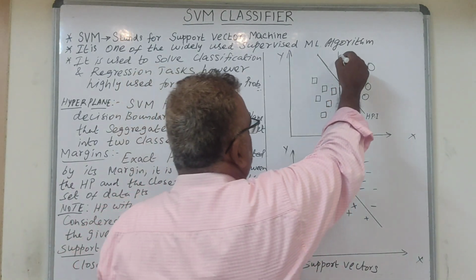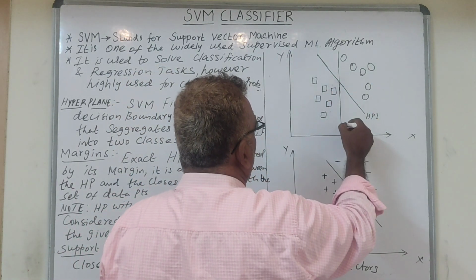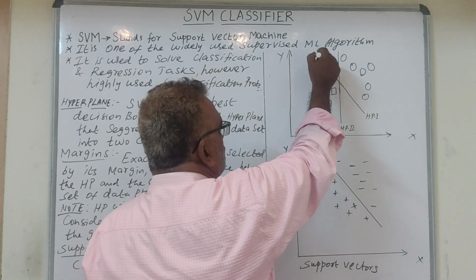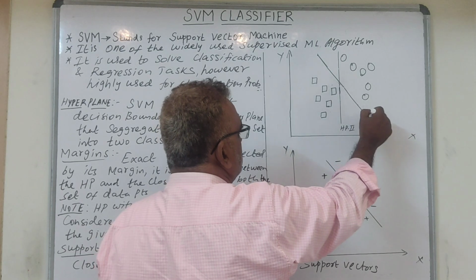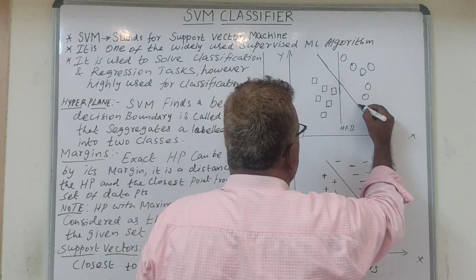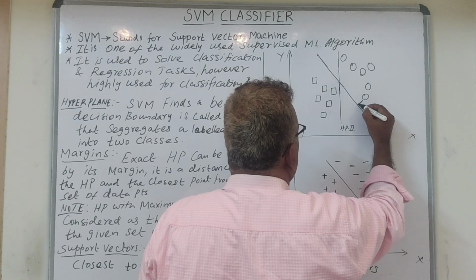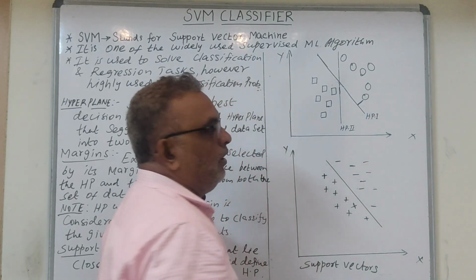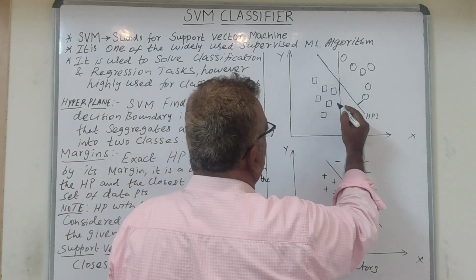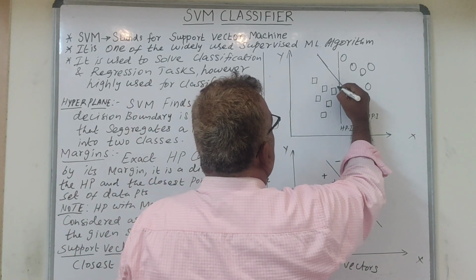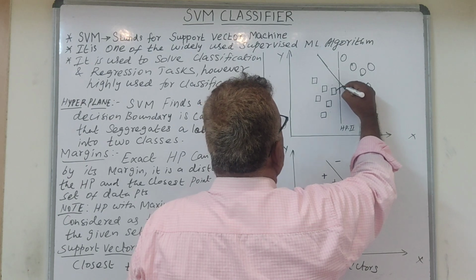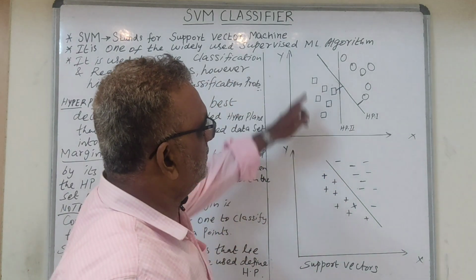Consider this is hyperplane 2, this is hyperplane 1. The closest point to this hyperplane is this circle, so generate a perpendicular line to this closest data point. Similarly, for the square, this is the closest object near this hyperplane.